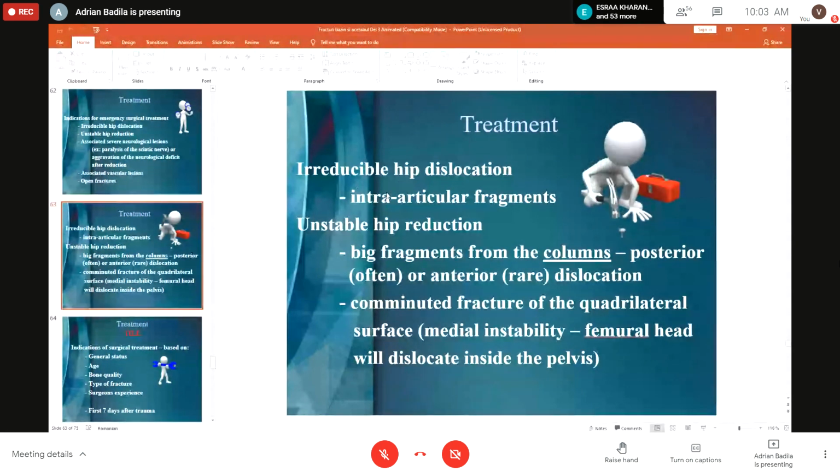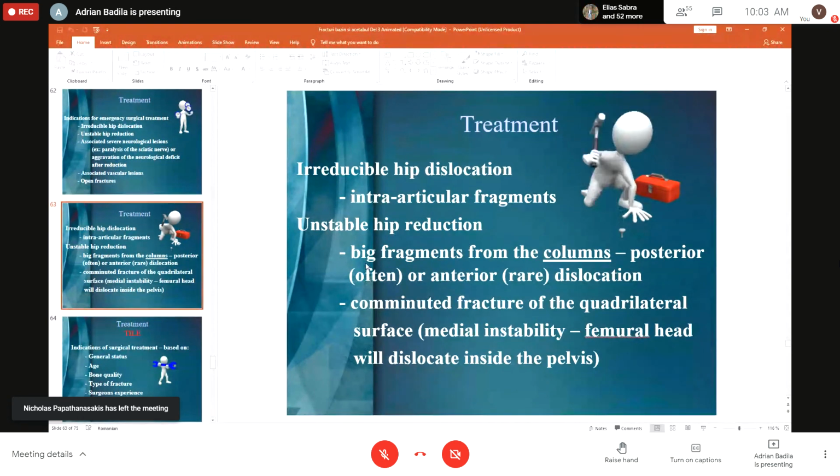An irreducible hip dislocation means that we have some intra-articular fragments which block the reduction. And unstable hip reduction means that we have big fragments from the columns or a comminuted fracture of the quadrilateral surface. That means medial instability and a dislocation of the femoral head inside the pelvis.